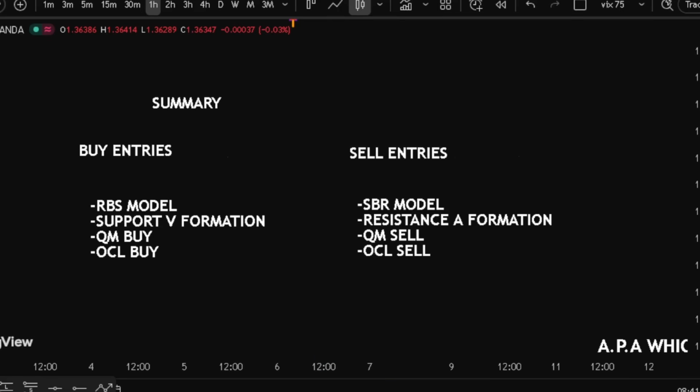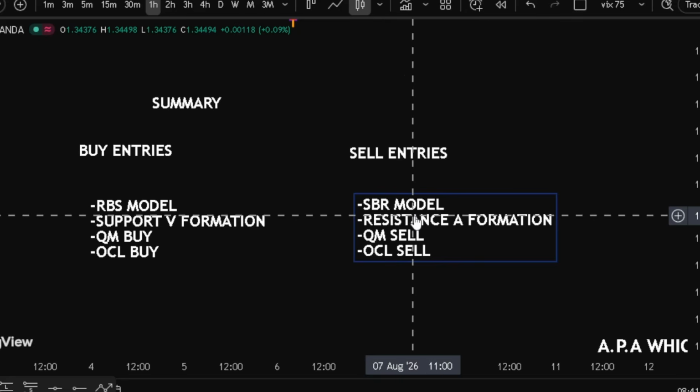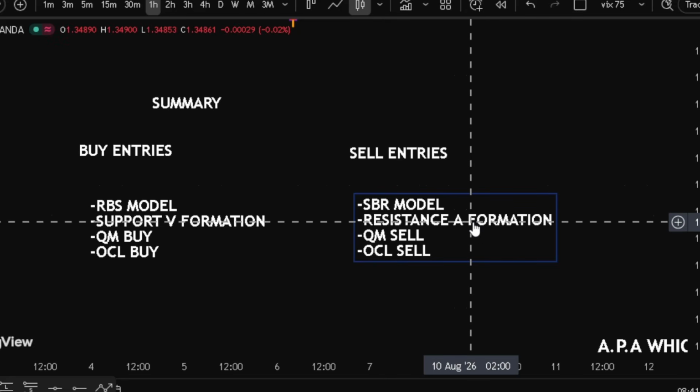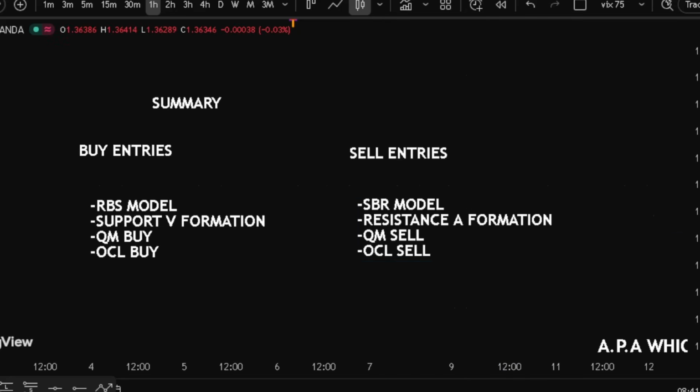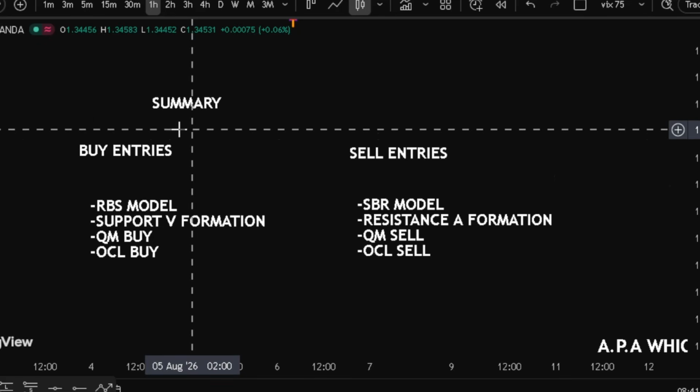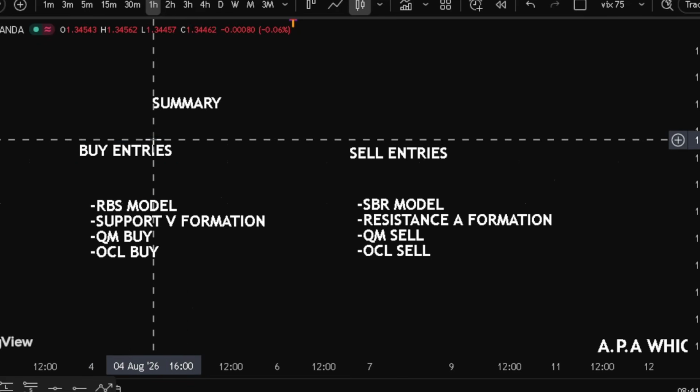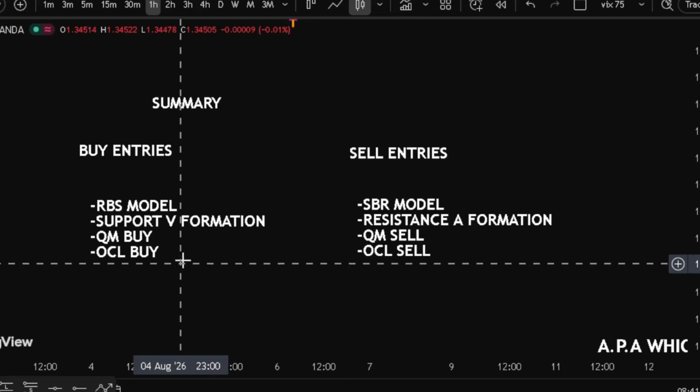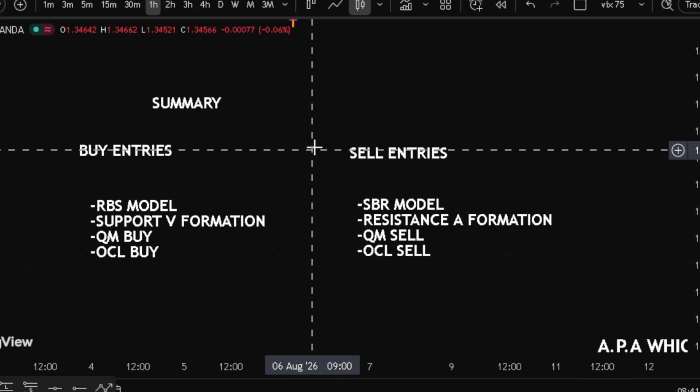So you only trade according to the direction of the 1 hour time frame. Like when the 1 hour is bearish, you only want to use the sell entry models. And if the 1 hour is bullish, you will only want to use the buy entry models. It is that easy, guys.